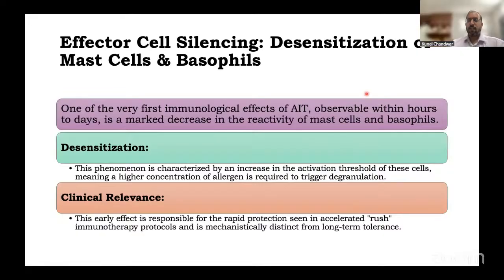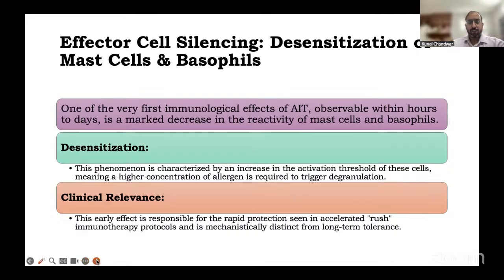So how does rush immunotherapy cause tolerance against an allergen, or again through allergen immunotherapy? It is through the desensitization of these effector cells called mast cells and basophils. This is caused by an increase in the activation threshold of these cells that will progressively require a higher concentration of an allergen to trigger degranulation.